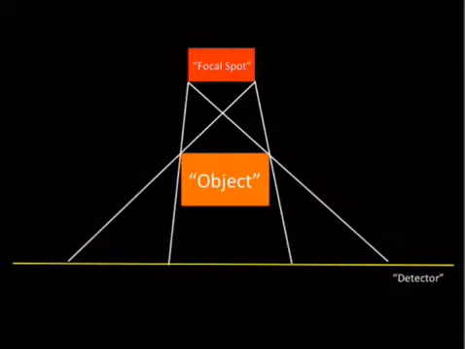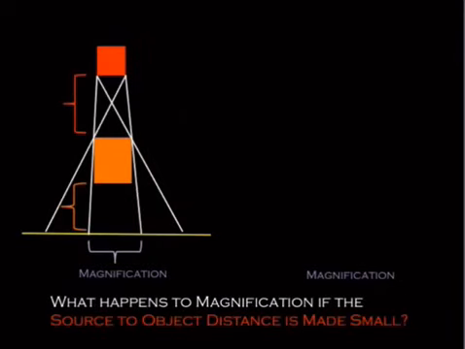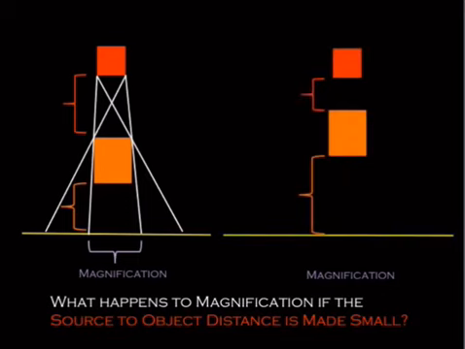Another way this can be done is this idea of magnification, which is this distance here relative to how big the object actually is. Again, we can change some stuff and see what happens. What happens to the magnification if the source to object distance is made small? So we're shrinking it a little bit.